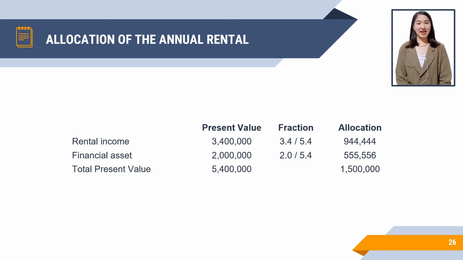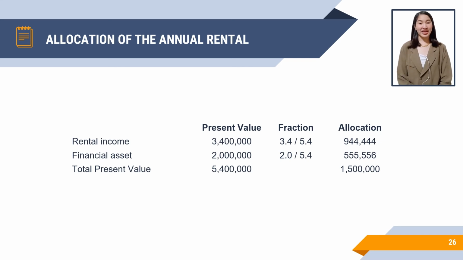So diba, ang present value of lease liability sa atin is 5.4 million. Bale, 3.4 million doon is from the rental income, while the remaining 2 million is from the financial asset. Then, yung annual rental receivable naman natin is 1.5 million. So, para makuha natin kung ilang percent lang ng total present value of lease liability yung allocated sa rental income and financial asset, we need to divide each of its present value sa total lease liability.